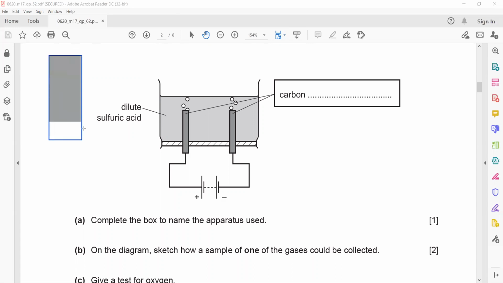This is how we collect the gas given off, not by a gas syringe, because practically I cannot connect a gas syringe here, that would not be correct.